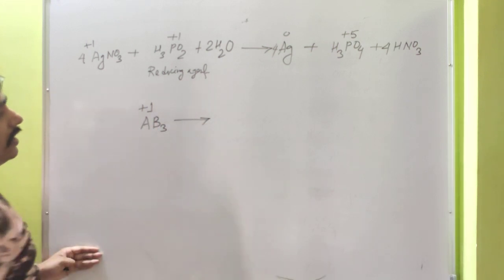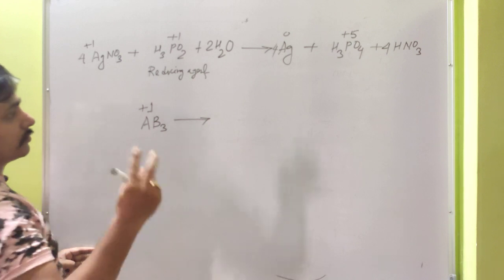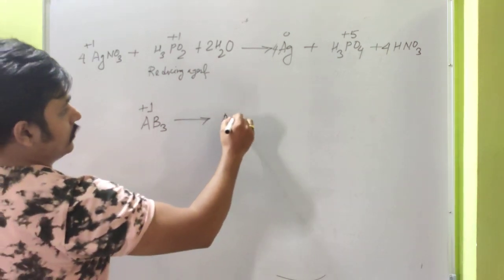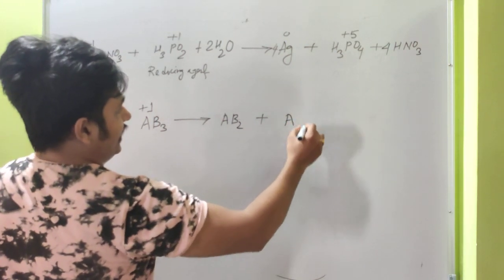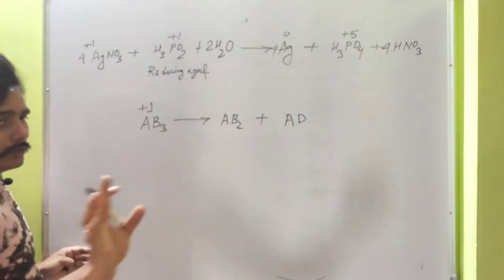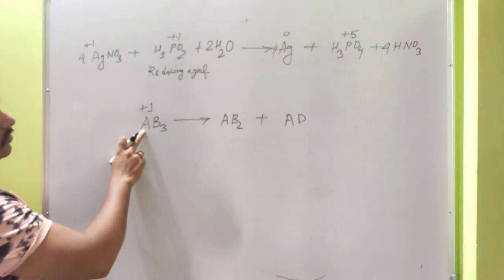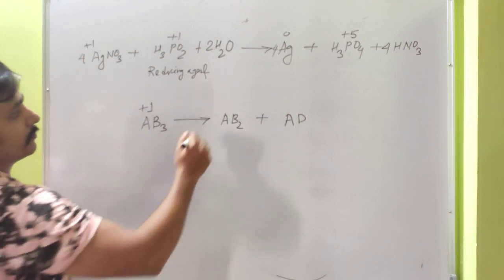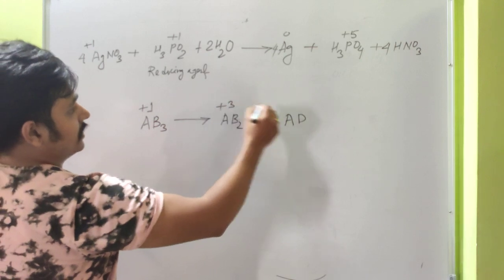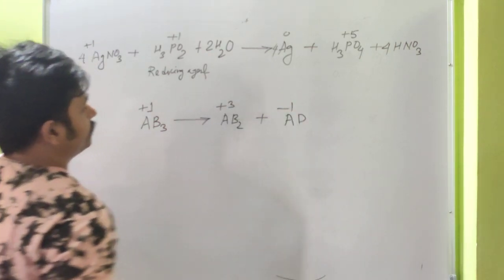After reaction, suppose it forms 2 compounds, AB2 plus AD, suppose. Now here the oxidation state of A is +1, here suppose +3, here suppose -1.